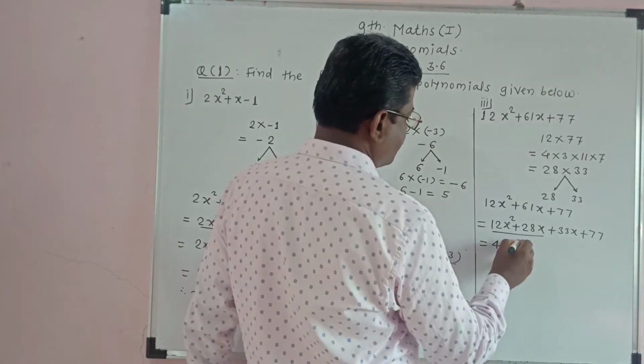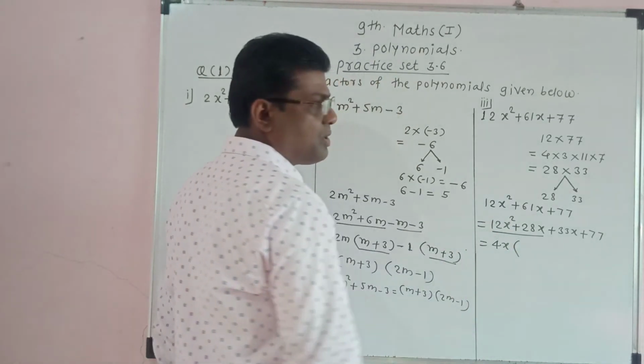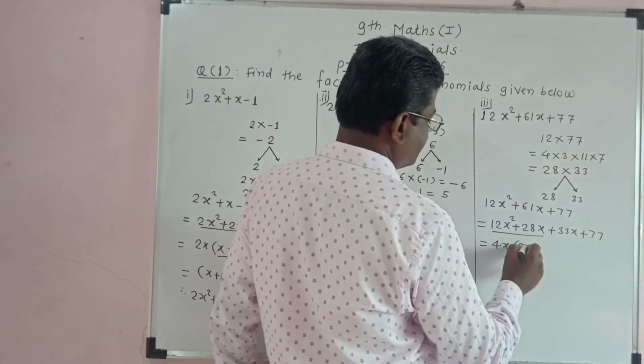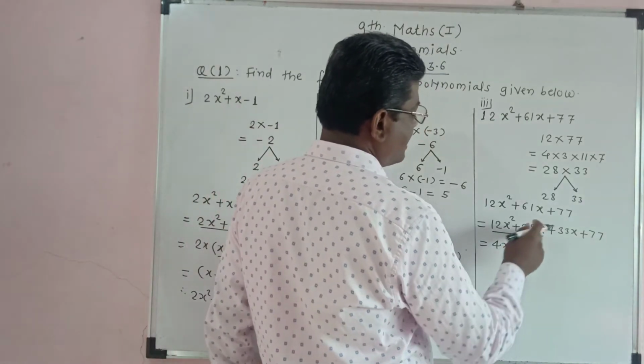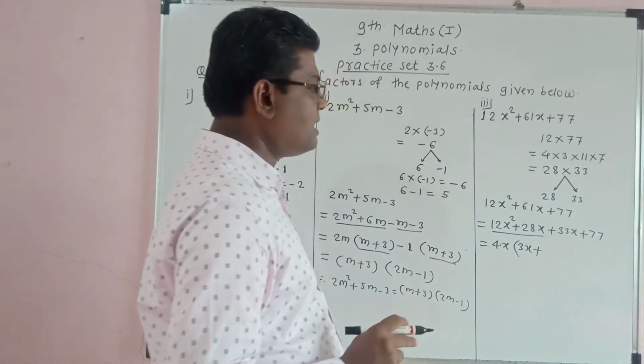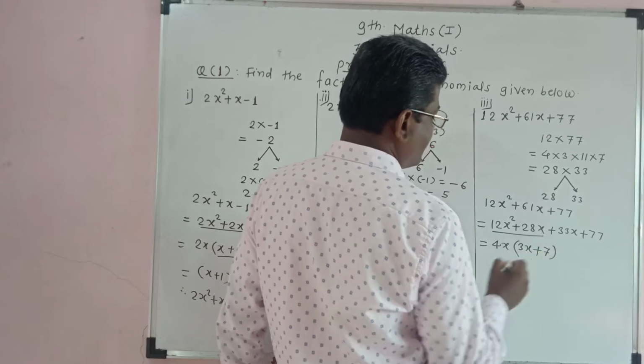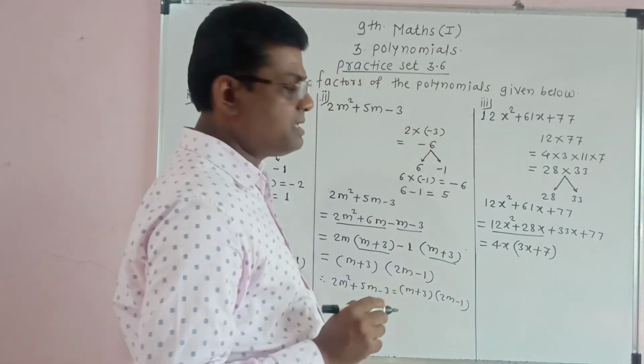So 4x in bracket, 12x² upon 4x is 4 3s are 12, that is 3x, plus 28x upon 4x, that will be 4 7s are 28, that will be 7.